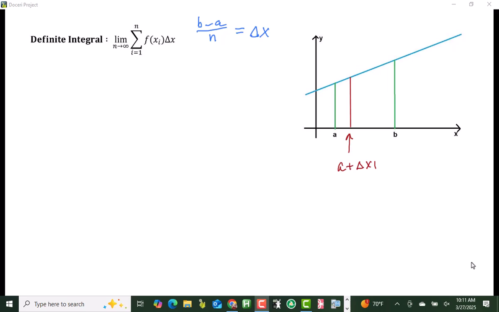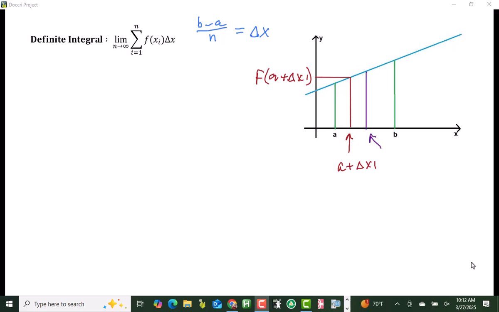This is the point that's going to lose you if you don't get it. Where the red arrow is pointing, the x value is a plus 1 times delta x. I'm just adding delta x to a. Okay, and then I go up here to where it intersects our function, the blue line. And if I go across to the y-axis, isn't that just f of a plus delta x 1?